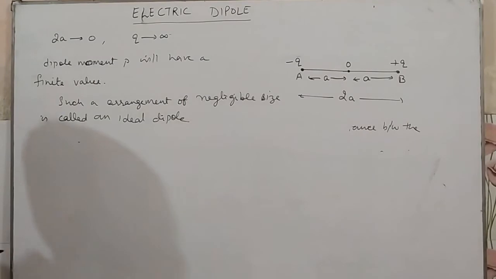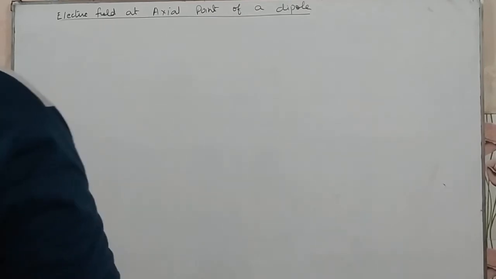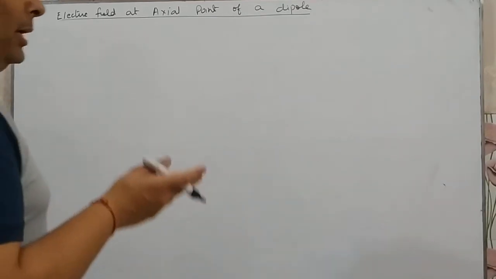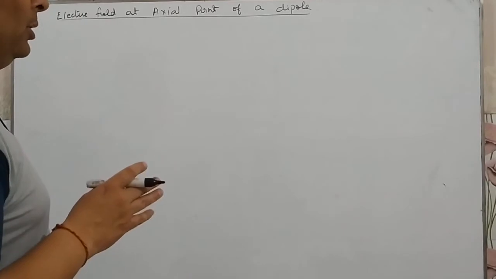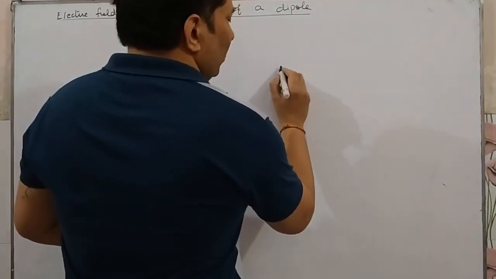Now we will discuss the electric field due to a dipole. So the next topic is the electric field at the axial point of a dipole. A dipole has two important lines. First is the axial line, second is the equatorial line. First we'll talk about the axial line.